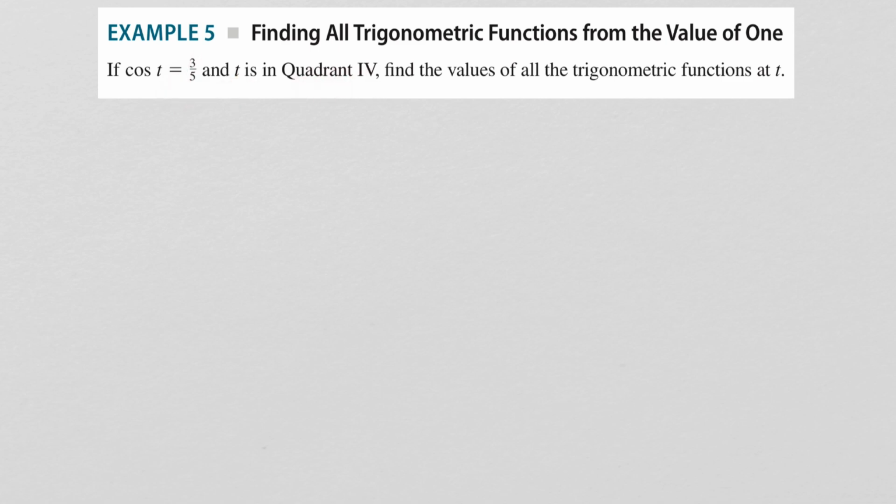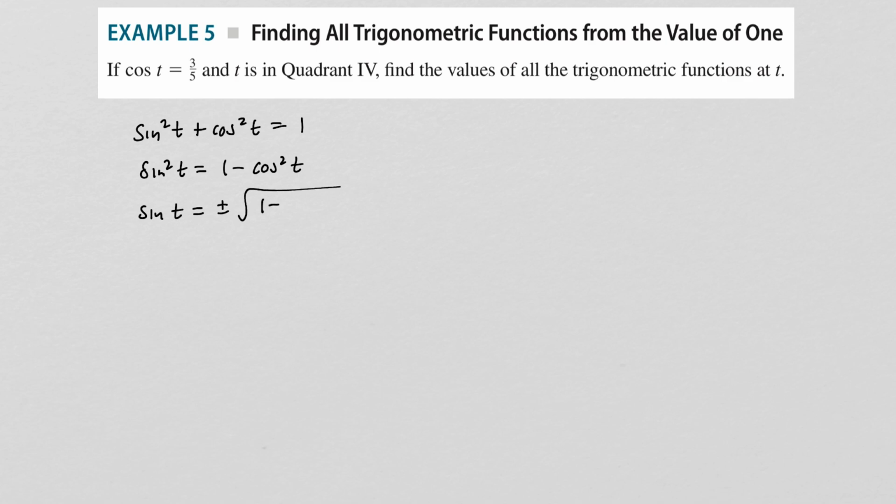We want to find the other trigonometric functions at that value of t. Since sine squared t plus cosine squared t is always equal to 1, this means that sine squared of t is equal to 1 minus cosine squared of t. If we take the square root of both sides, we get sine of t is equal to plus or minus the square root of 1 minus cosine squared.